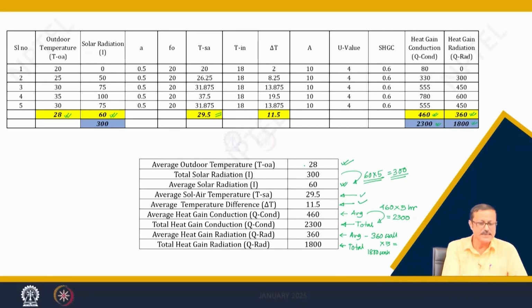If I use 28 and 60 instead of all the 5 hours, should I get 29.5, 11.5, 460 and 360? After I get 460 and 360, I can just multiply by 5 and get the total. So, that is my ultimate aim.